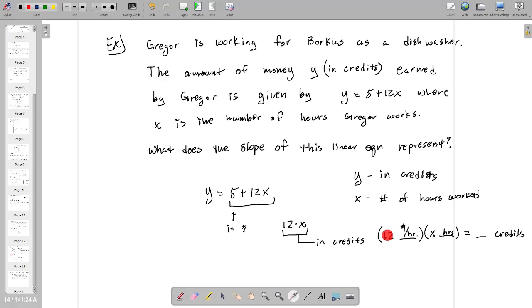So if we say that 12 is measured in credits per hour, what does that represent in this equation? That's going to be his hourly wage. This is meant to help y'all understand word problems a little bit better. Hopefully this helps a bit.